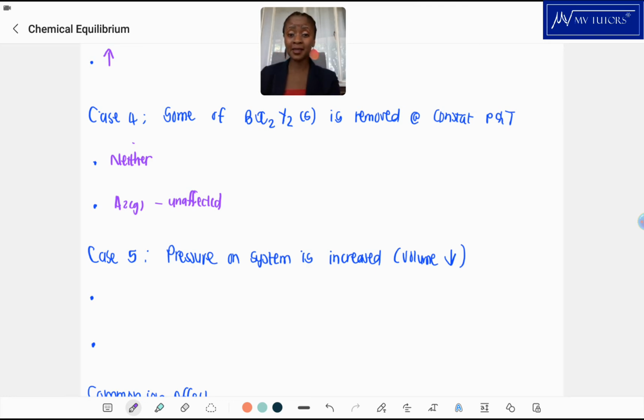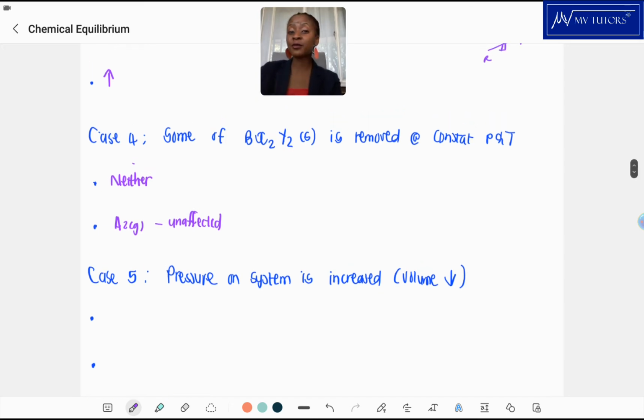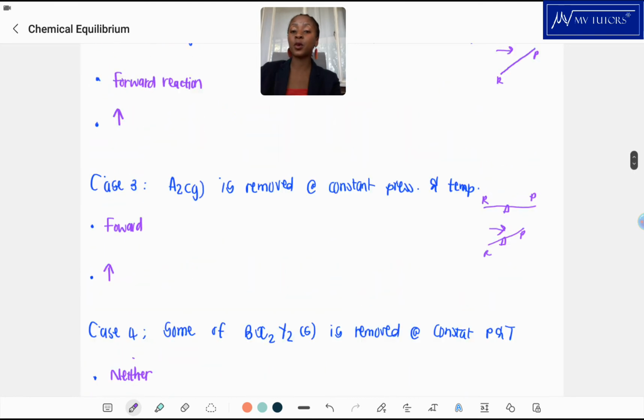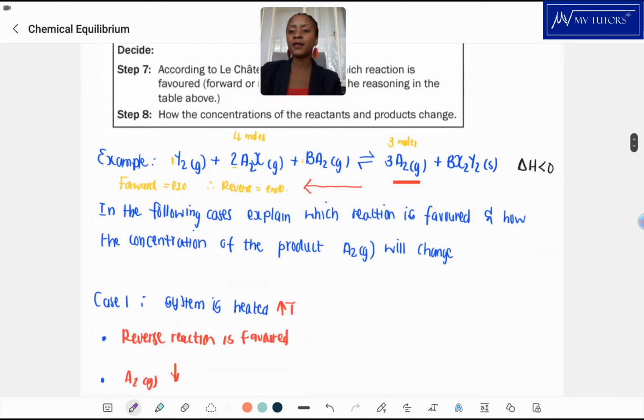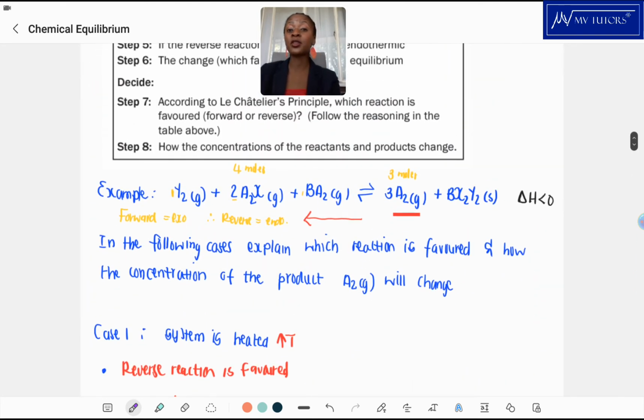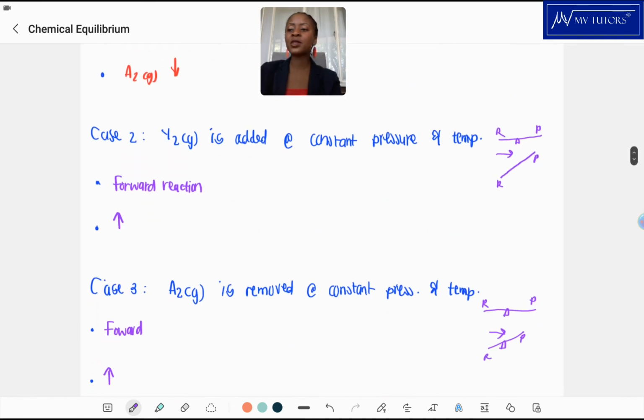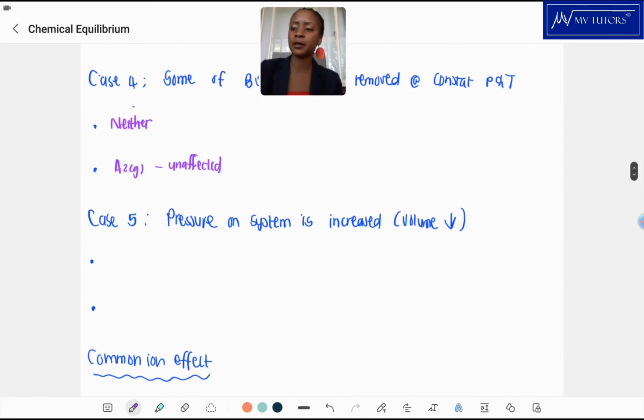I look at the reactant side and the product side. Where are the moles the least? That is where it is favored. I have the least number of moles on the product side, so this will be a forward favored reaction.